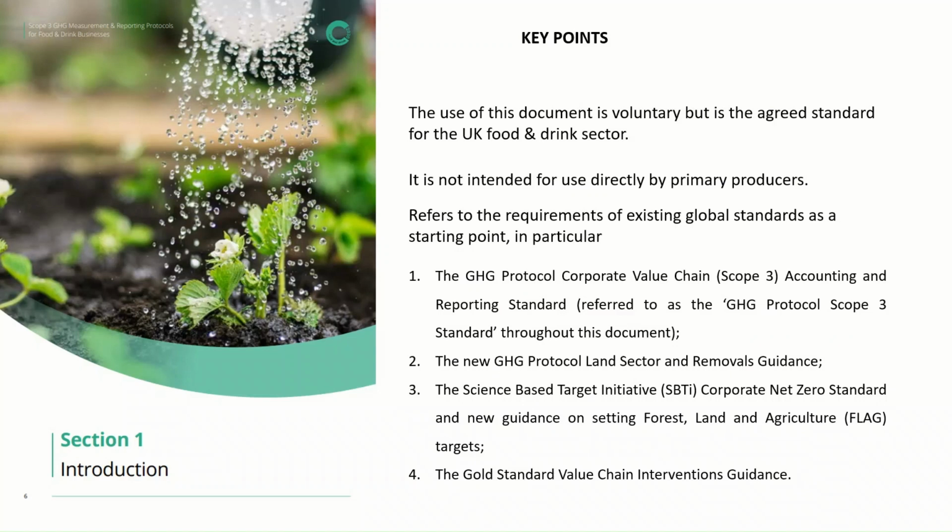So if you are adopting this guidance, you are also fulfilling the criteria for FLAG as well, and the Gold Standard value chain intervention. So these are the four guidances that are already there.